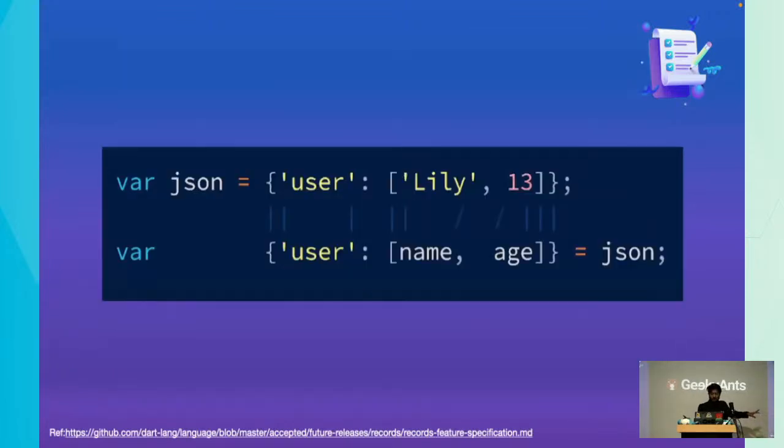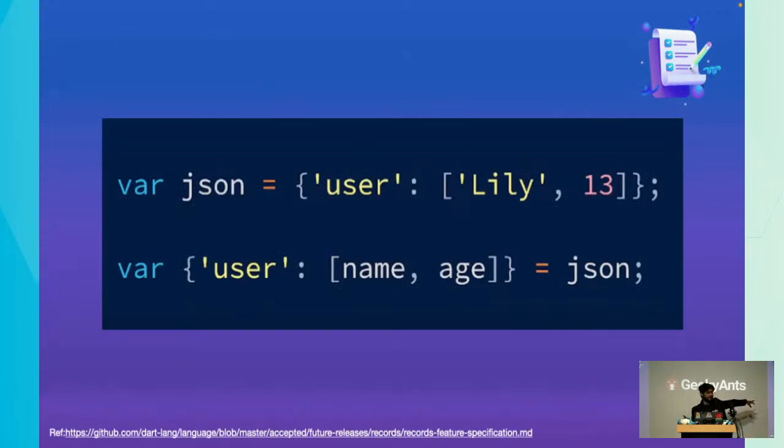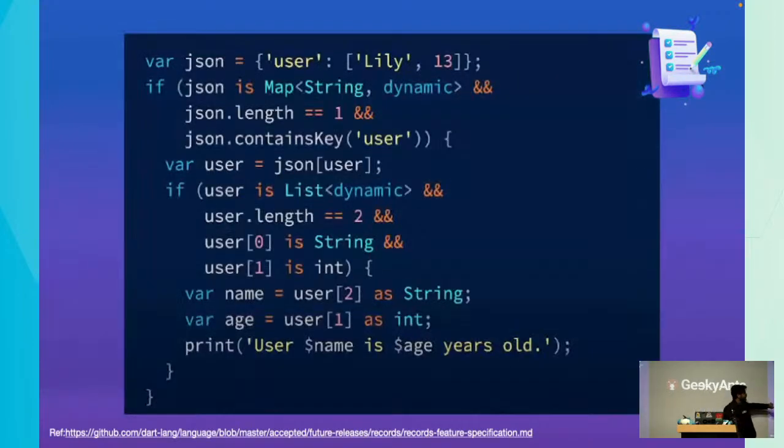So if you have this, then your code will look something like this. You will first check if my JSON is of type map, then whether it contains a key user or not, and whether this key is a list or not. If it is a list, whether it has some size or not.